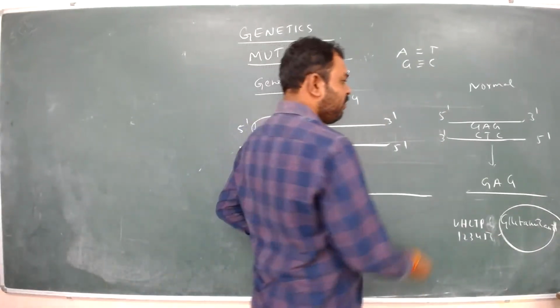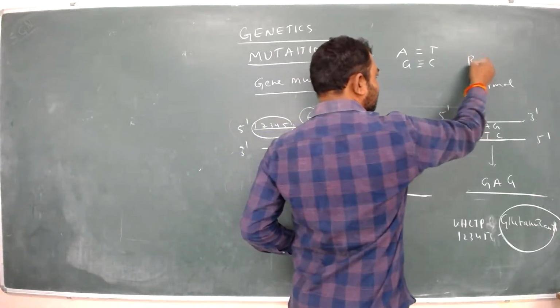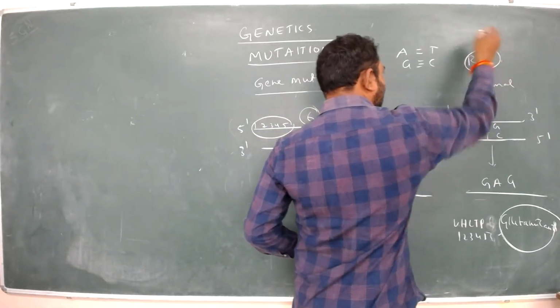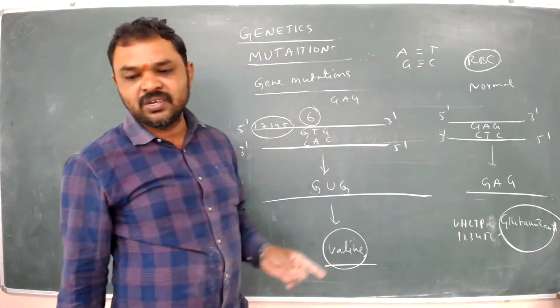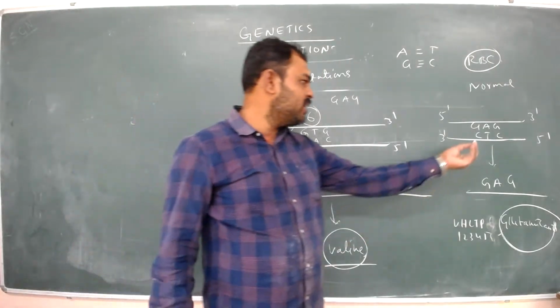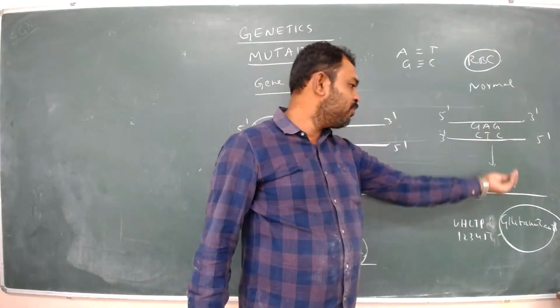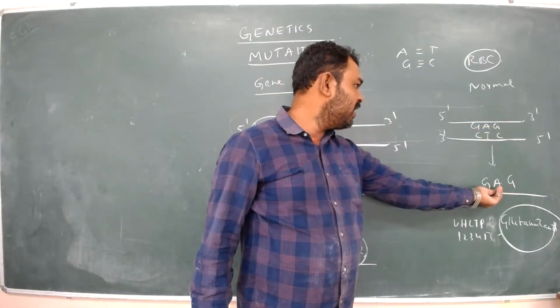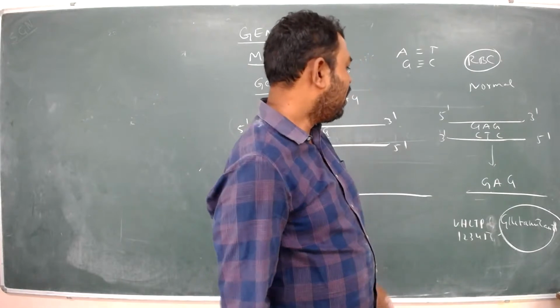In the human RBC, these genes are responsible for the shape of RBC. Whenever the DNA sequence is GAG, it produces the GAG codon.